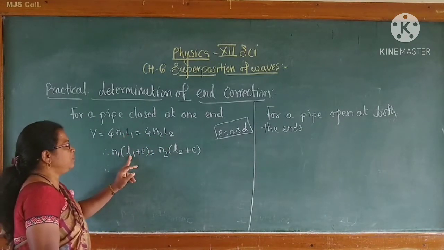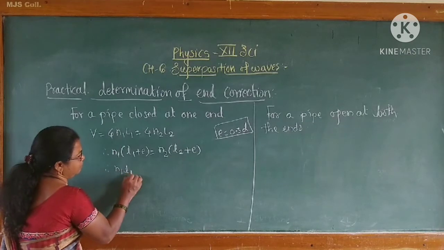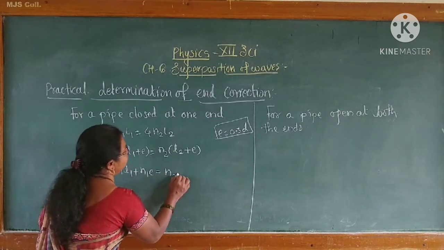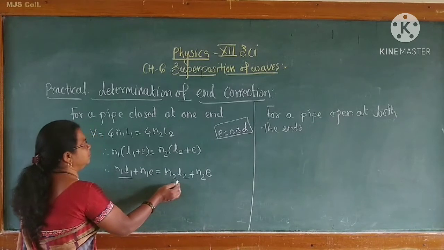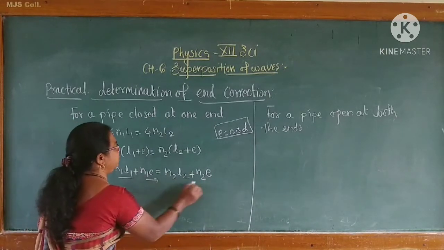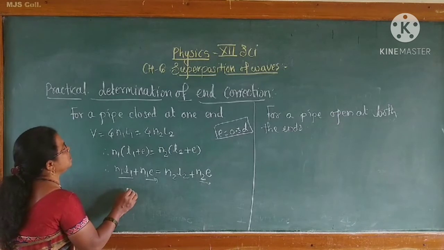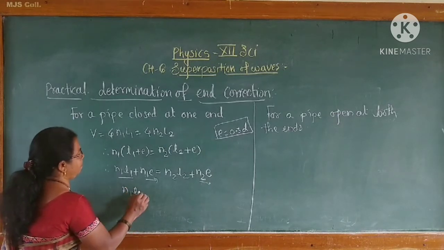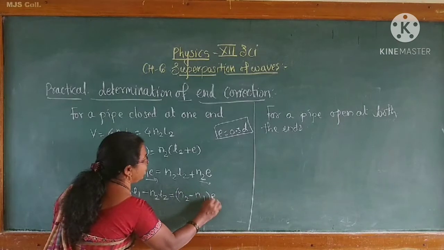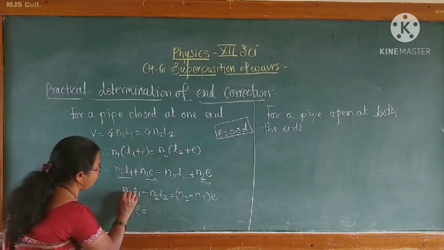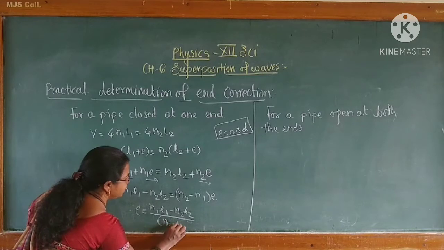But L1 is equal to small l1 plus E, and L2 is equal to small l2 plus E. Therefore N1 l1 plus N1 E is equal to N2 l2 plus N2 E. Taking terms to one side and the other, we have N1 l1 minus N2 l2 equal to (N2 minus N1) E. Therefore end correction E is equal to (N1 l1 minus N2 l2) divided by (N2 minus N1).